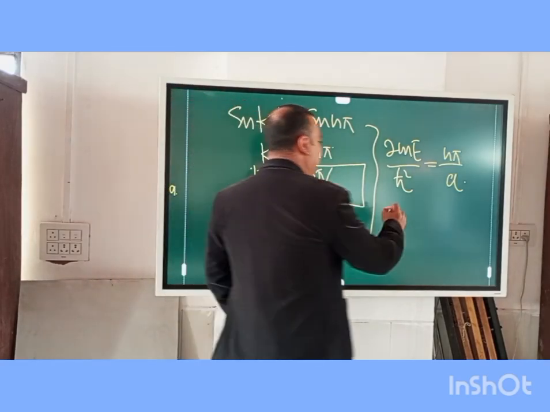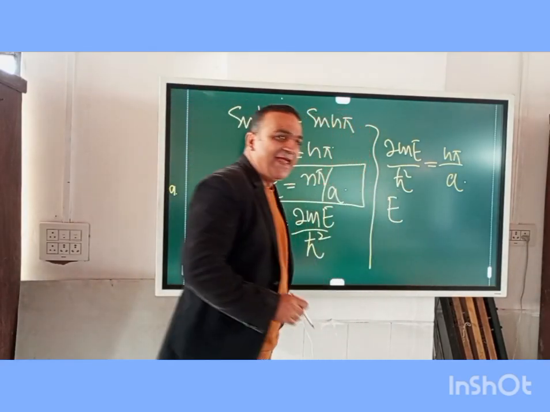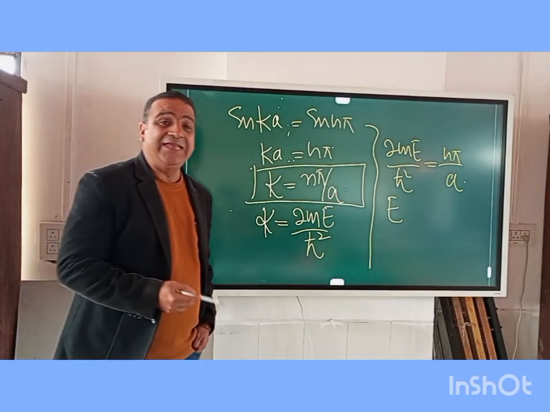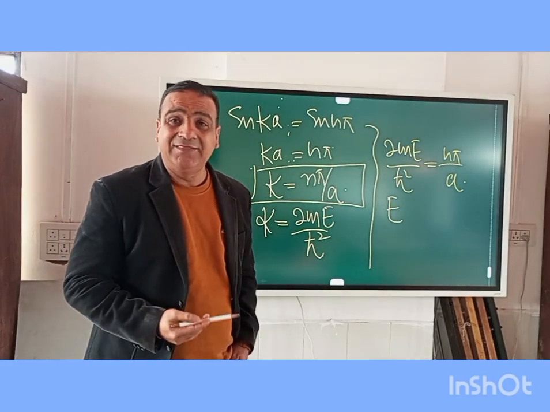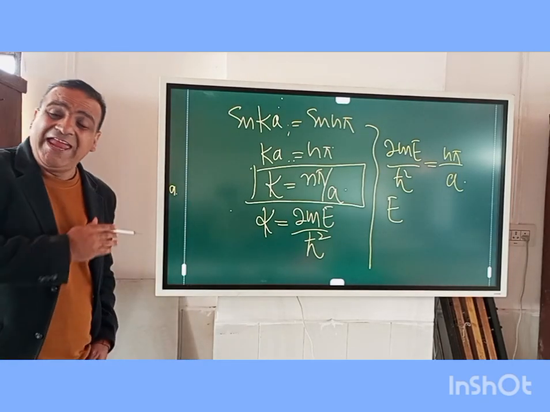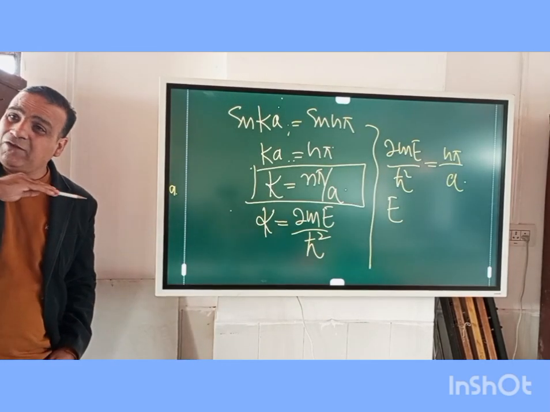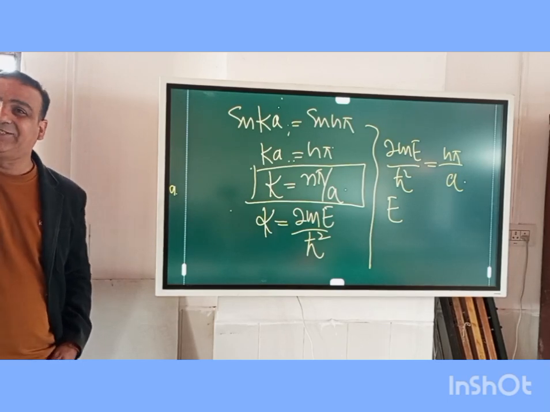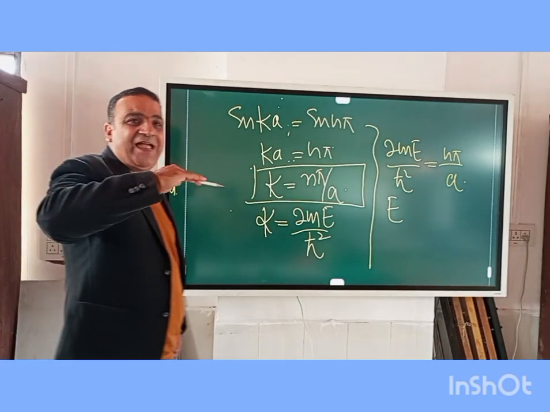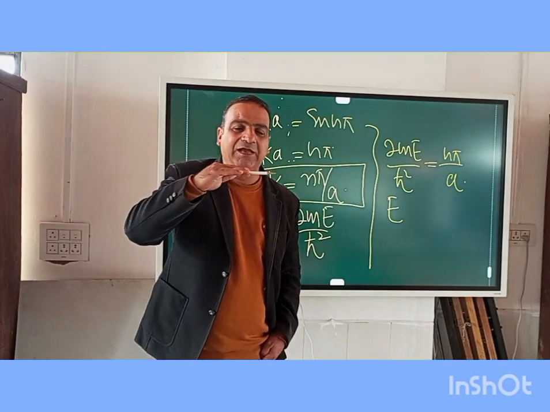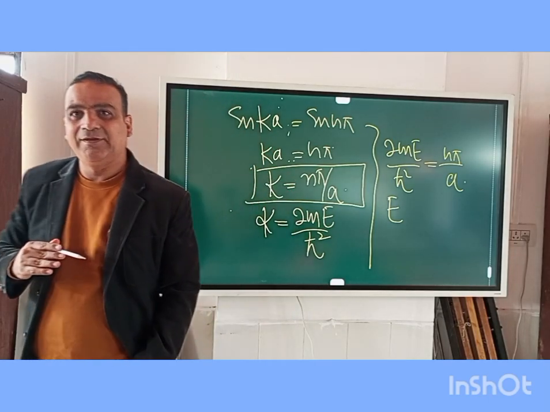And from this you will calculate the energy. Now you see, energy has a dependence on n. What is n? N is an integral number, and this integral number can go to infinity. So there are a range of possibilities, but all of these possibilities in terms of energy are quantized. You will have some specific values of energy for this particle in this infinite square well.